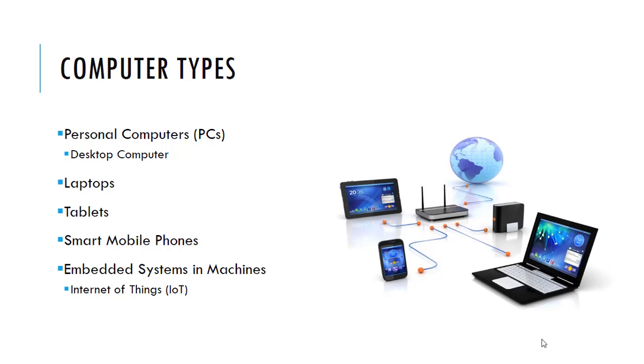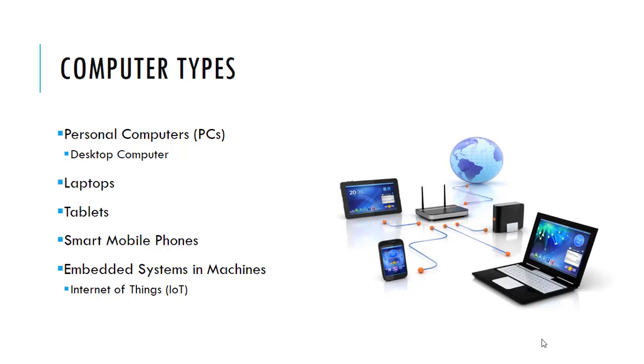Nowadays we have others that are mobile and that can transfer and send and receive information over the network. Every single human can now be connected to a computer network through PCs, laptops, tablets, smart mobile phones, and through what are called embedded systems inside some of the electrical or mechanical machines.